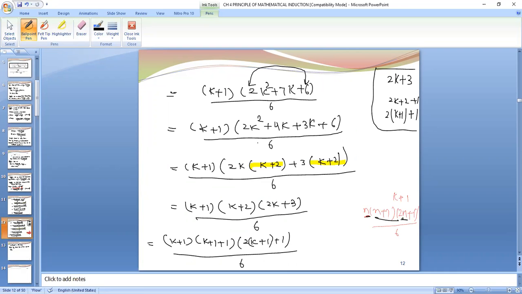So we will make the factors 2k square, factors of 7k, 4k plus 3k, plus 6 upon 6. So now in order to make the factors, we are taking 2k common from the first two terms. So we are left with k plus 2 and 3 can be taken common. So we are left with k plus 2. K plus 2 can be taken common from the two brackets. We are left with 2k plus 3 upon 6. So we have k plus 1, k plus 2, 2k plus 3 upon 6.